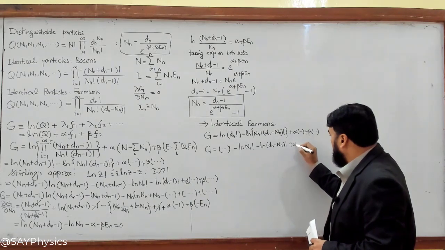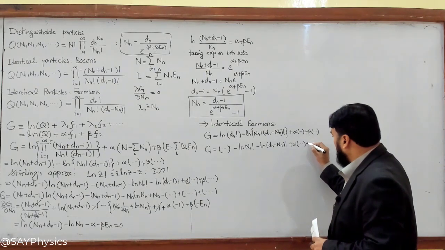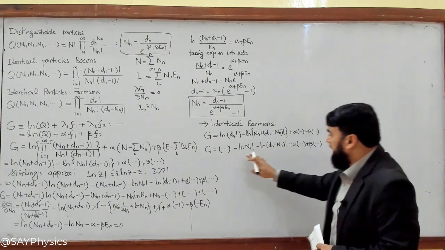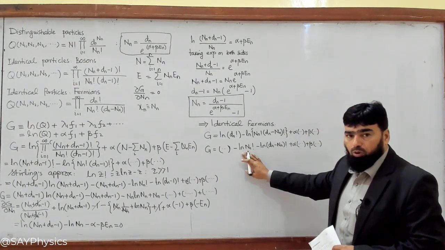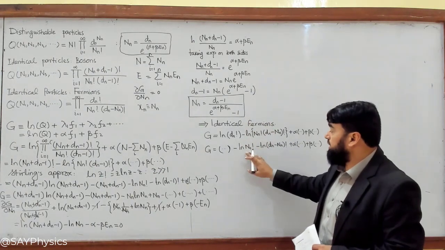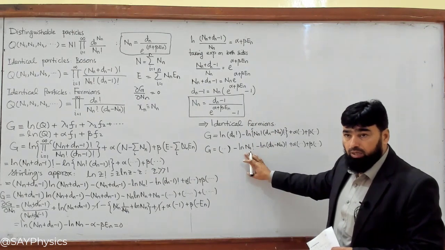Plus alpha times the total terms and beta times the total terms here. And now apply the Stirling approximation on this one, because Nn for the fermion case is also a great number, a big number.